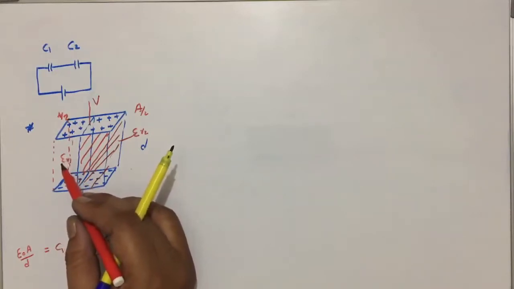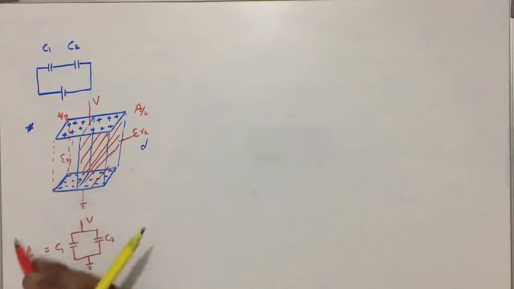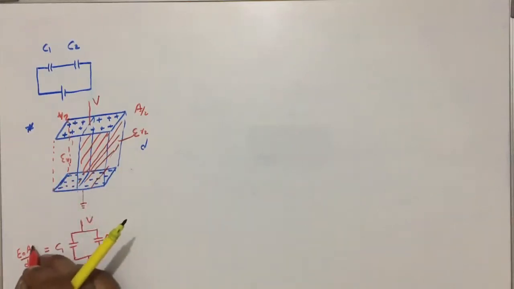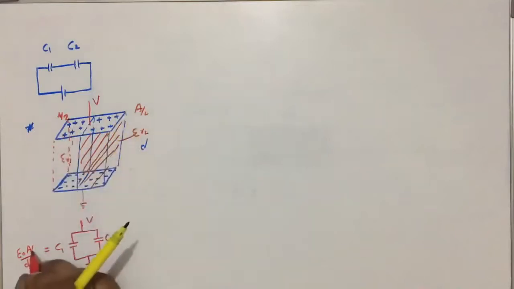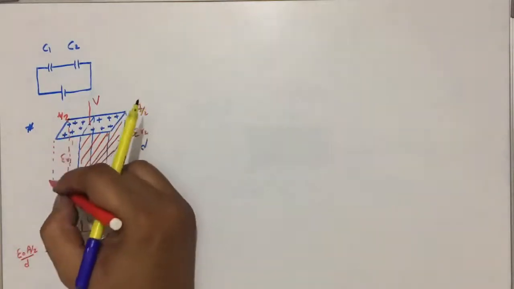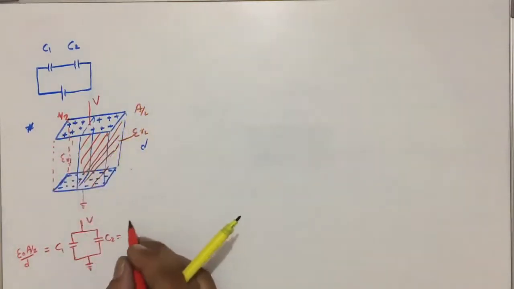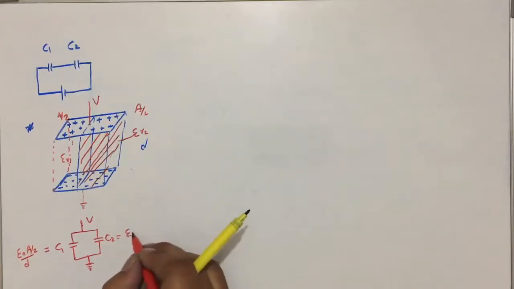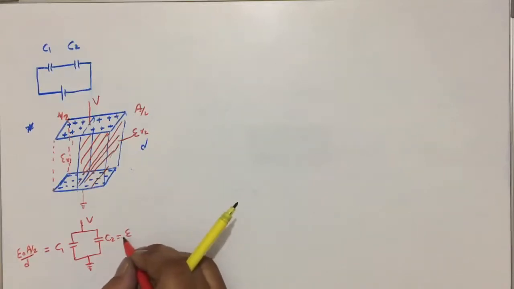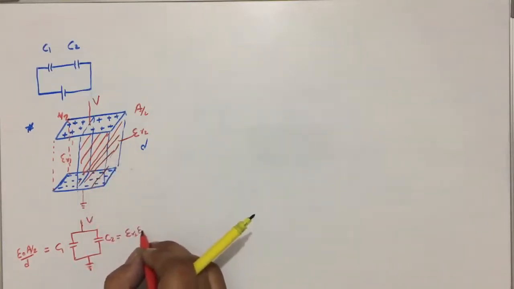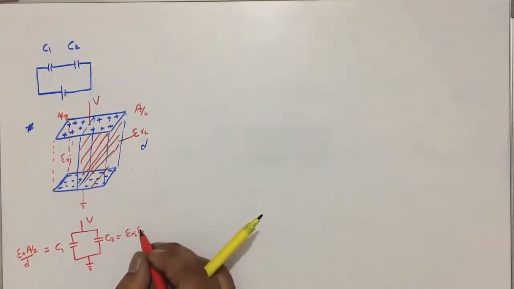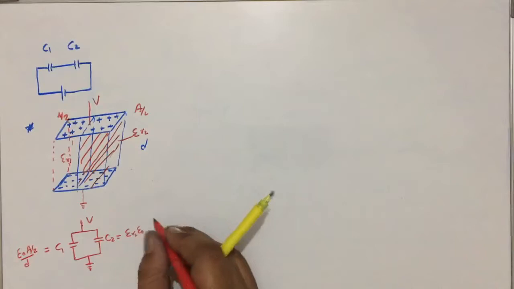Okay, material is air. So for air we can assume epsilon naught, and A is nothing, area of the cross section, full is A, so half part will be A by 2, D is D, and C2 will be epsilon relative permittivity, that is permittivity of this is epsilon R2, epsilon naught, combining 2 it is relative permittivity with respect to air.